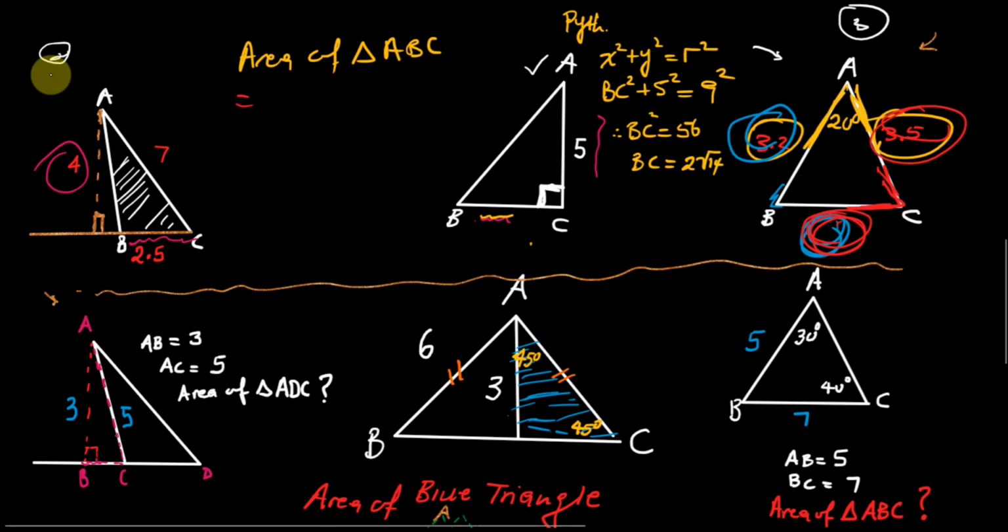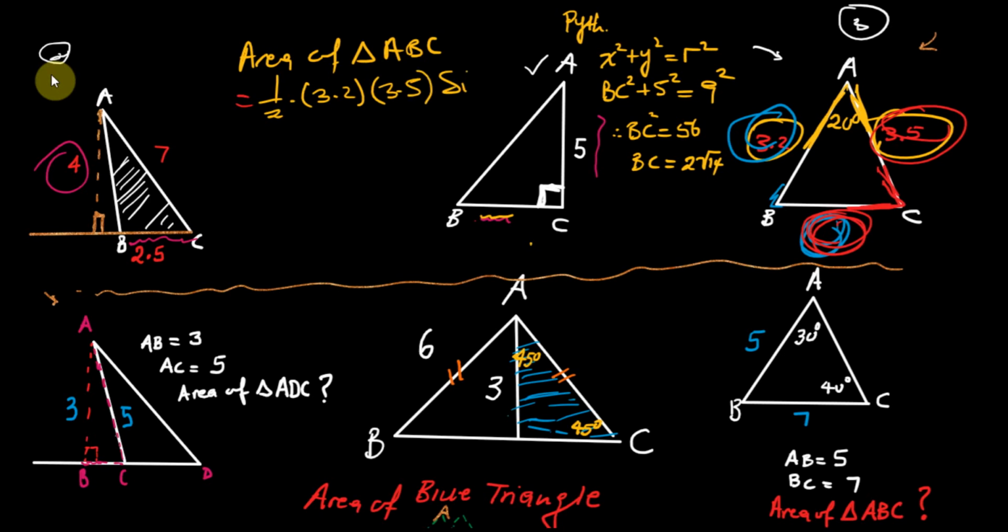So what we're going to have is half multiplied by the included sides, which are 3.2 and then 3.5, times sine theta, sine of the angle in between, so it's 20 degrees, sine 20 degrees, and then you just find your area.